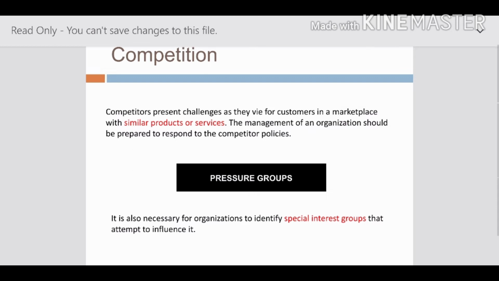Every product is always compared with similar products. So talking about competitors, we always need to focus on how effectively or how uniquely our products are identified among all the products. So when you are analyzing the organizational environment, competition is considered an important factor.